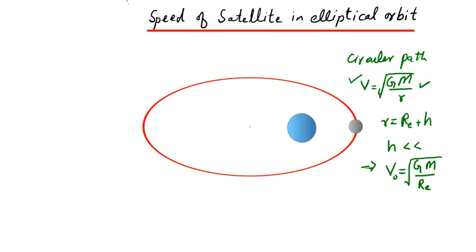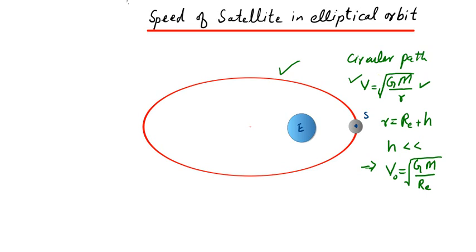So if we have an ellipse, and a satellite on it, and let's say this is the earth, I write E, placed at a point inside the elliptical orbit.